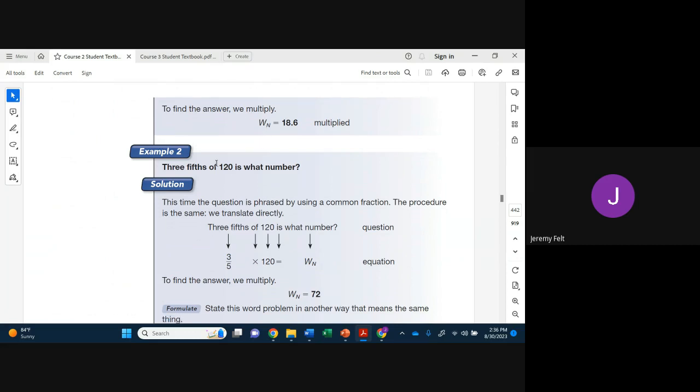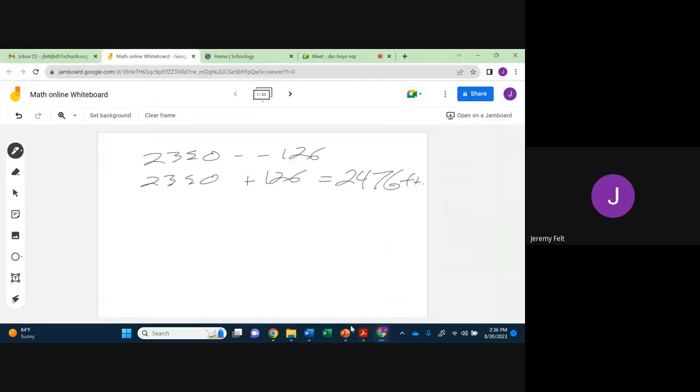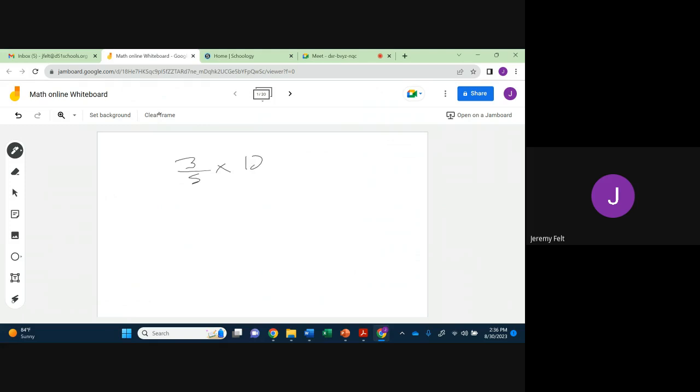3/5 of 120 is what number? I'll just use X for my unknown. You can put the X over here, or do it exactly as it was written in the word problem, but I'll just do it like this.